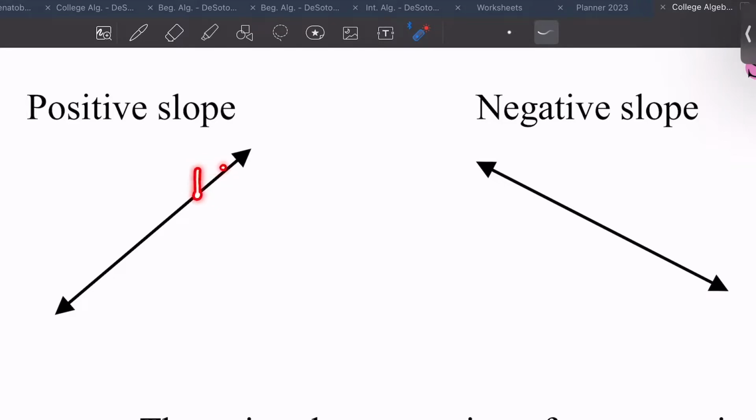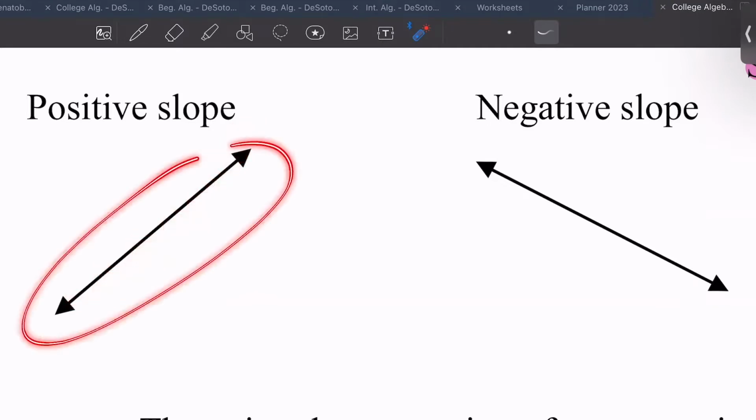Or I could go down, which is negative, and left, which is negative, and still get there. You can either go up and to the right to make a positive slope, or you could go down and to the left. Two negative moves or two positive moves will always give you that positive slope.